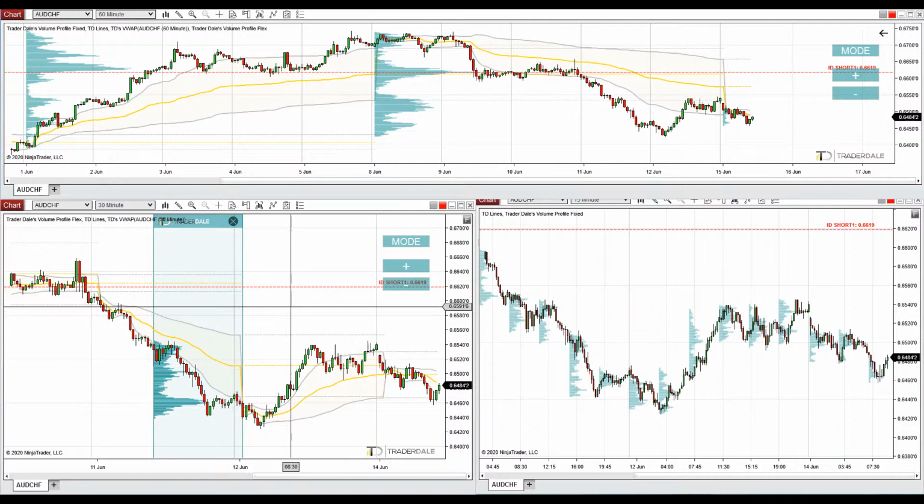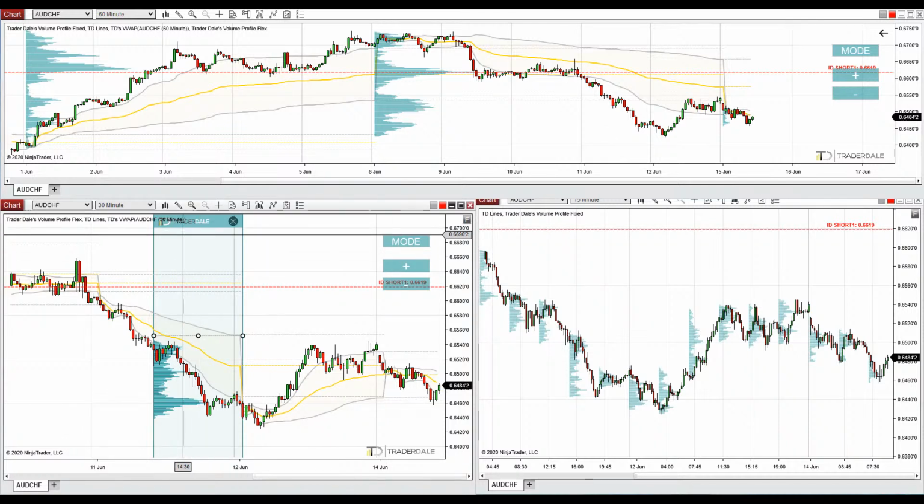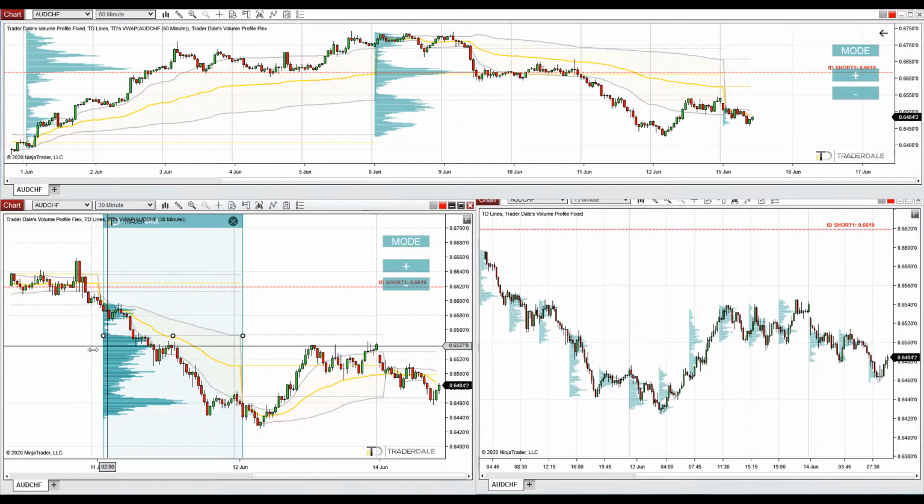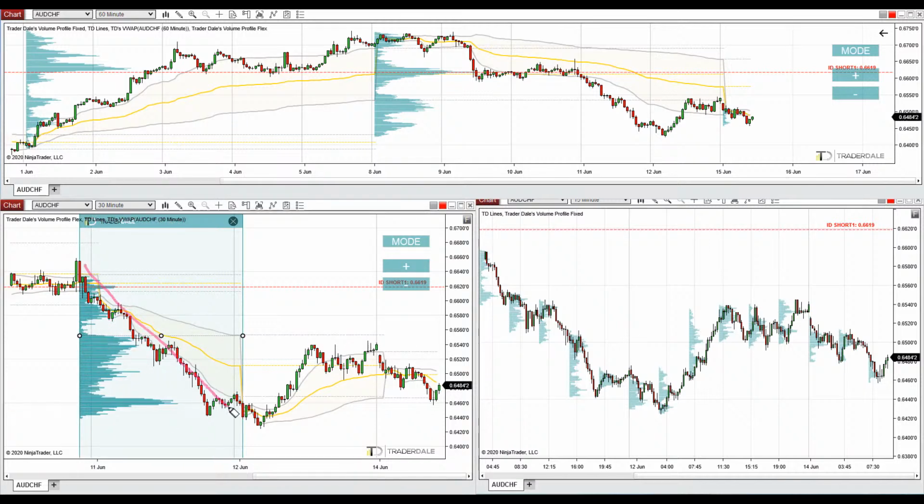What is also worth pointing out is a trend setup, volume cluster created within a trend. I think you'll best see it on the flexible volume profile. This is the downtrend, this one. And inside this downtrend, there was a significant volume cluster in here with heaviest volumes right there.